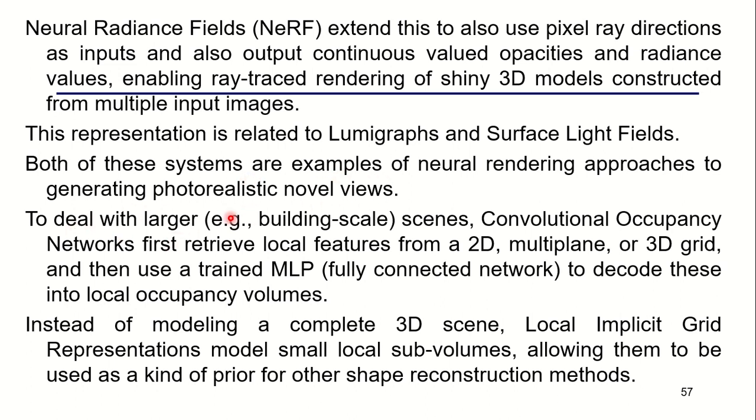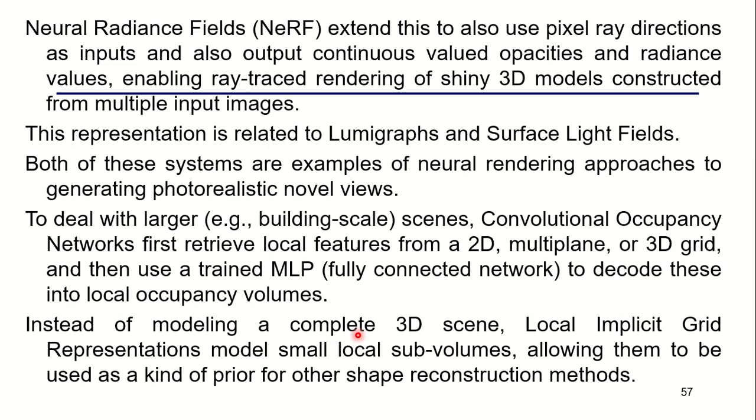To deal with larger scenes, that is larger buildings, convolutional occupancy networks first retrieve the local features from a 2D multiplane or 3D grid, and then use a trained MLP to decode these into local occupancy volumes.